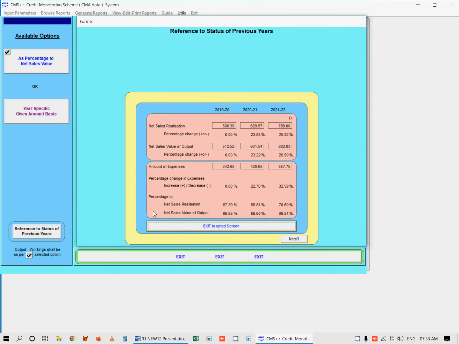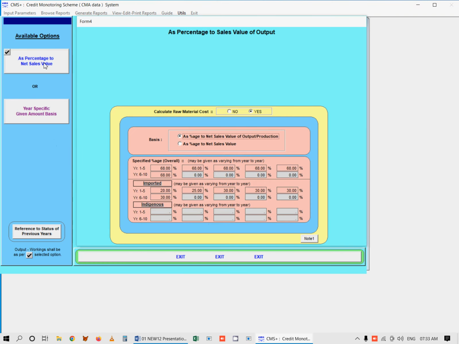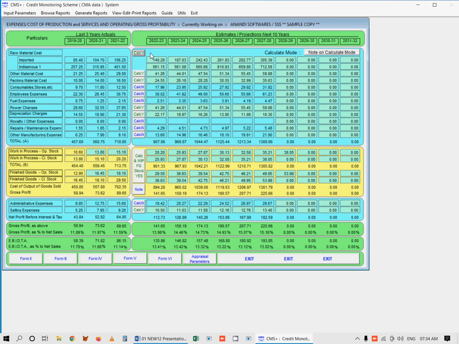We could observe that it is ranging somewhere near 68% of net sale value of output, and we safely project it at 68% or so, which you could vary year-wise also. Further, the imported content also we could specify separately for each year. As we exit the screen, you will find all calculations placed therein.